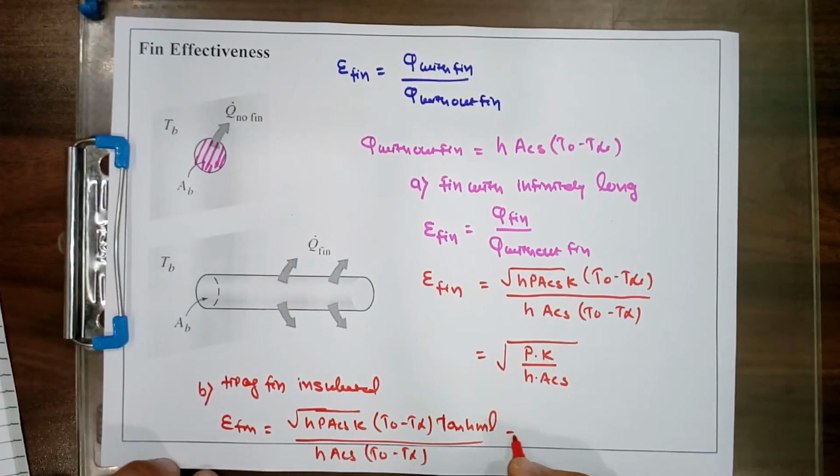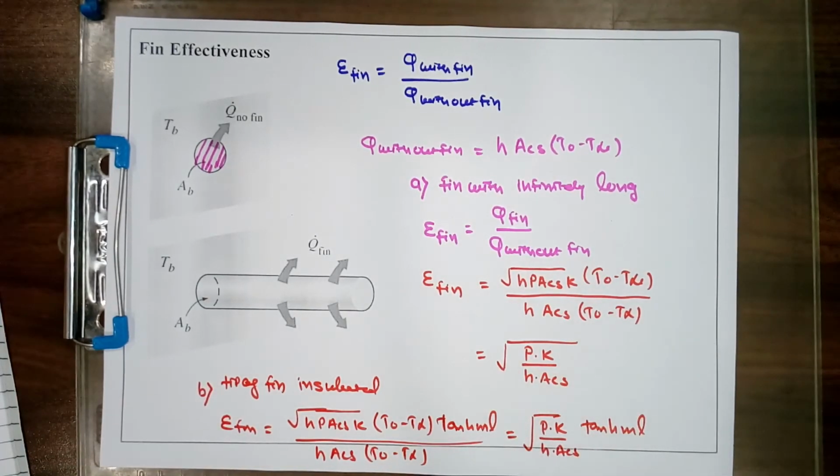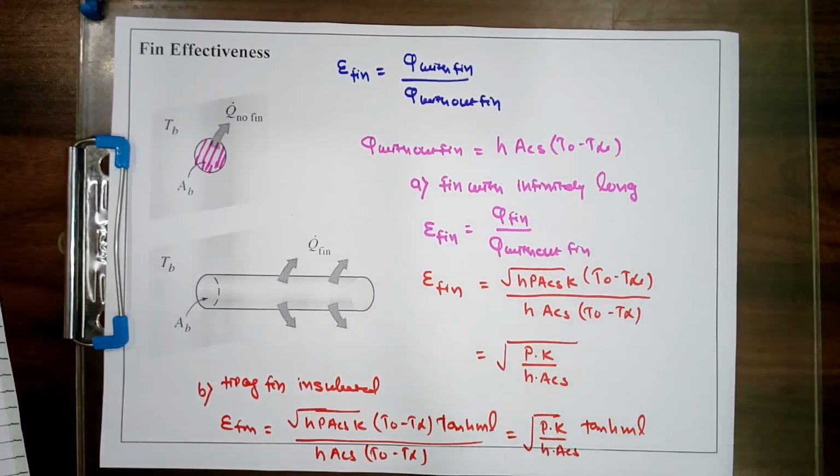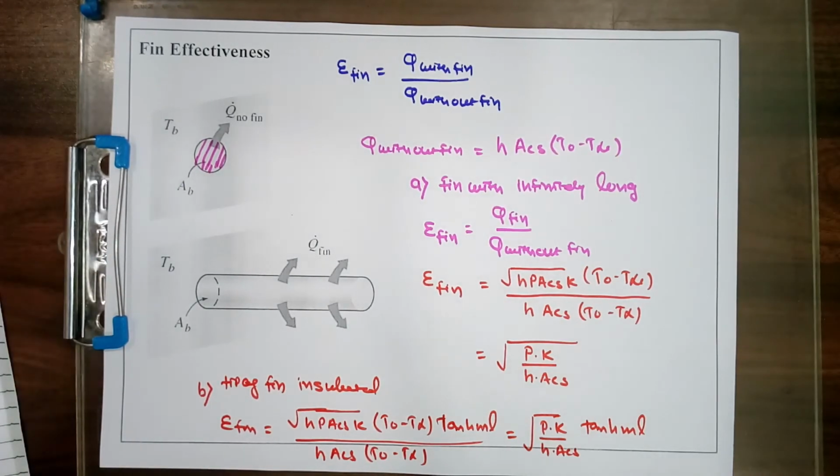So we get the square root of P K upon H ACS into tanh ml. So these two expressions are very important. But now we are going to discuss the conclusive remarks on the effectiveness of the fin.